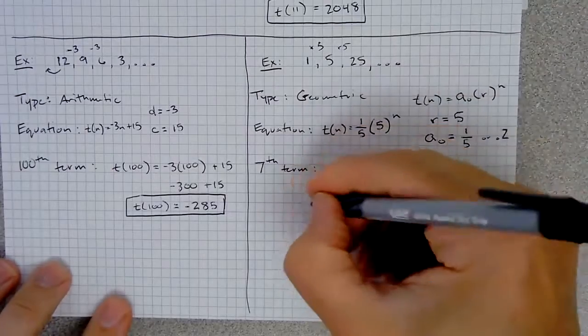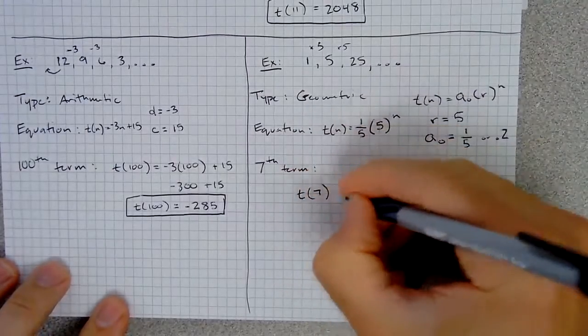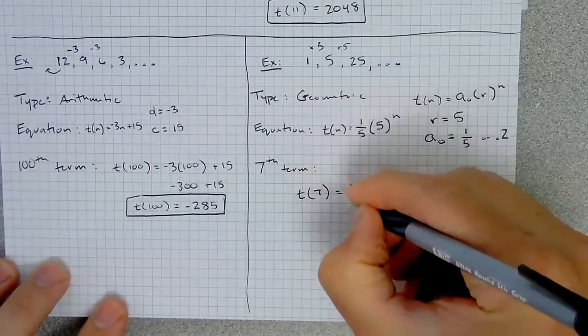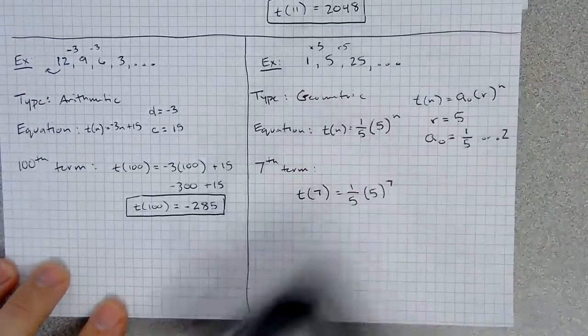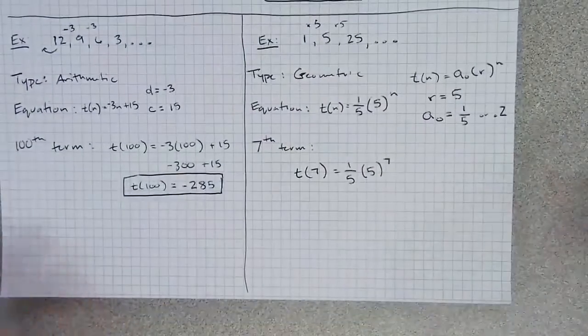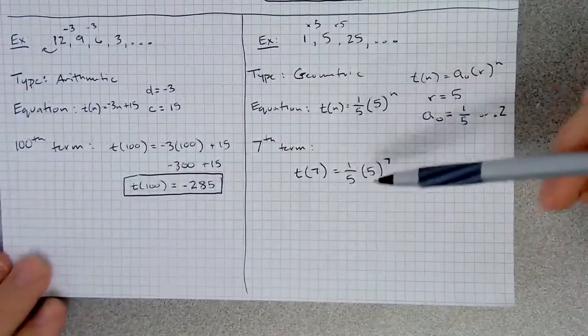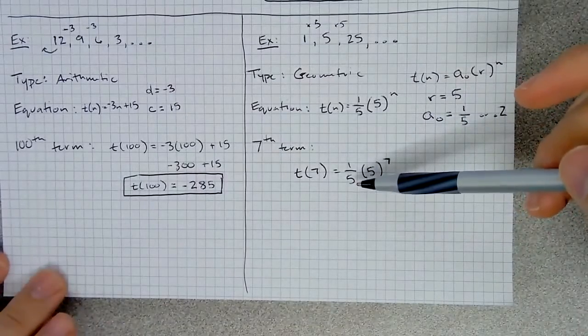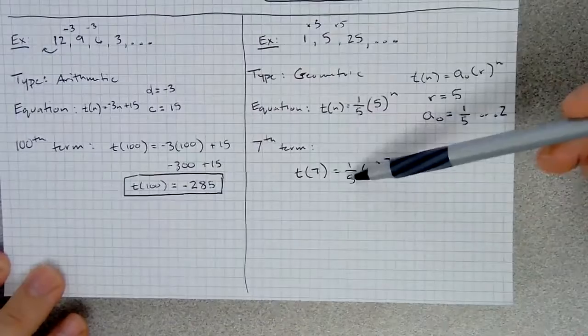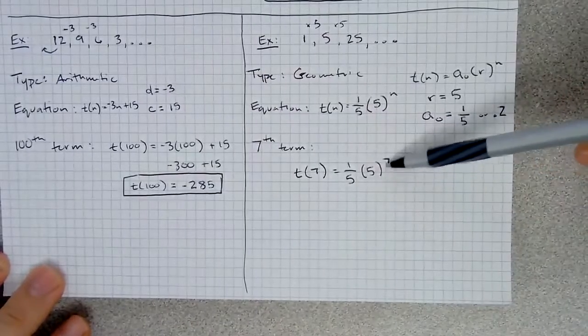So to find the seventh term, T of 7 equals 1/5 times 5 raised to the 7th power. We've got to be careful on this. Remember PEMDAS, please excuse my dear Aunt Sally. Do we multiply these first or do we use the exponents first?